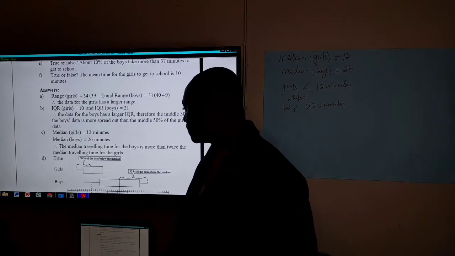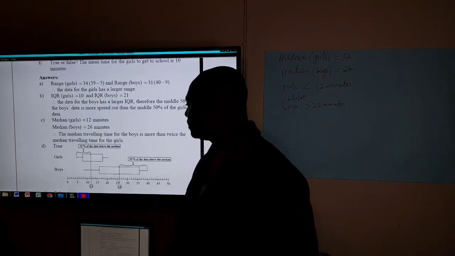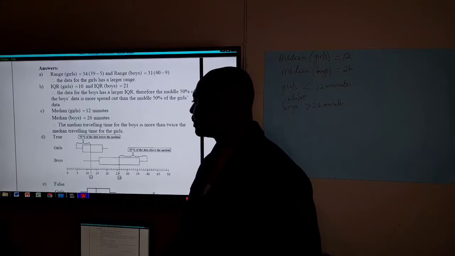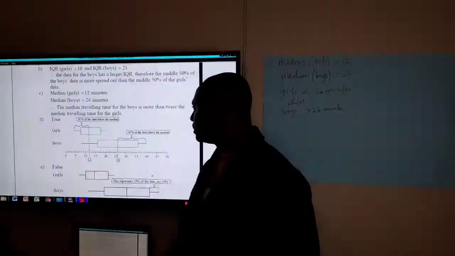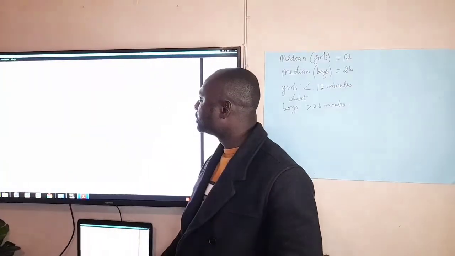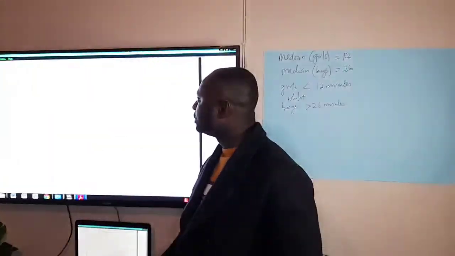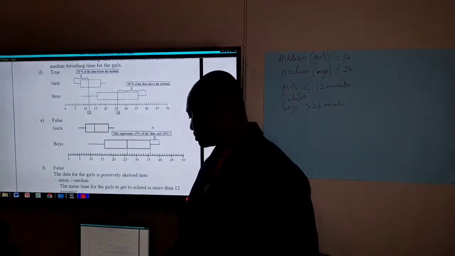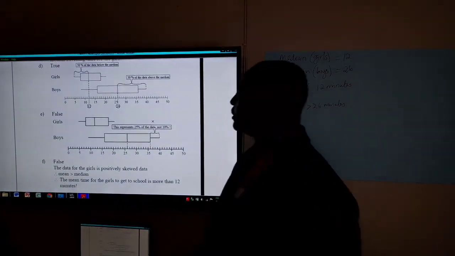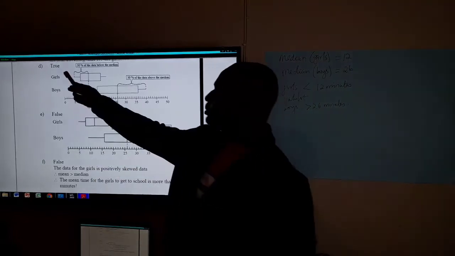Here, we are looking at the median traveling time for the boys. We talked about that in question D. Let's look at question number D. In question D, we're saying that the answer is true.